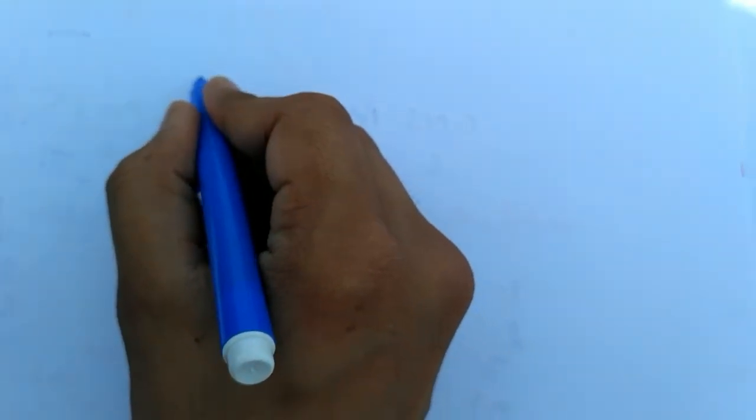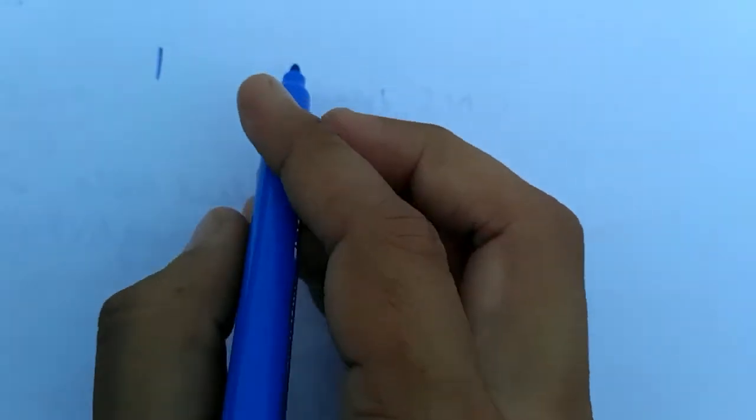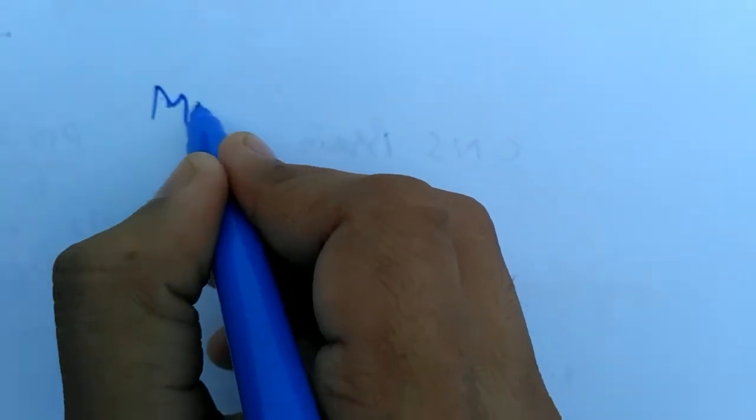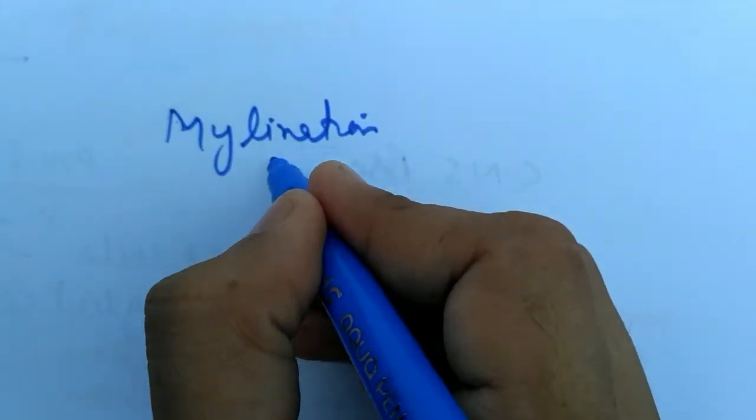Next topic is myelination and demyelination. Myelination is the formation of the myelin sheath.